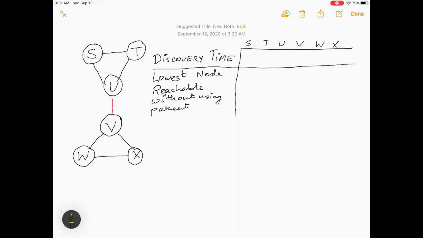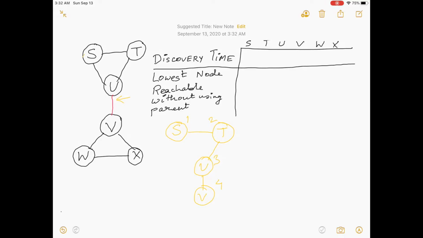What I mean by that is, currently we are considering the edge UV, and we are saying that U was discovered before V in the DFS spanning tree. So say the DFS can be something like this. We discovered S first, followed by T, then we discovered U, and then we discovered V.